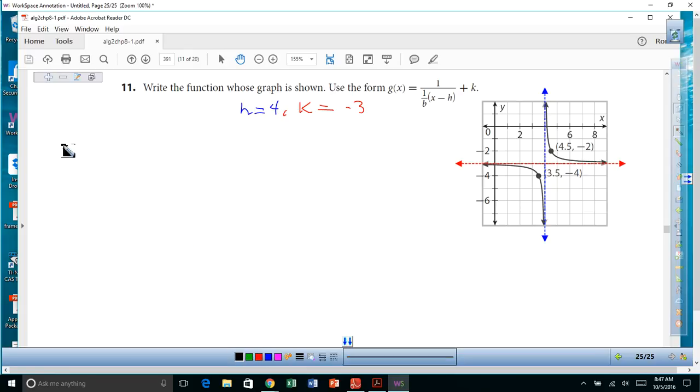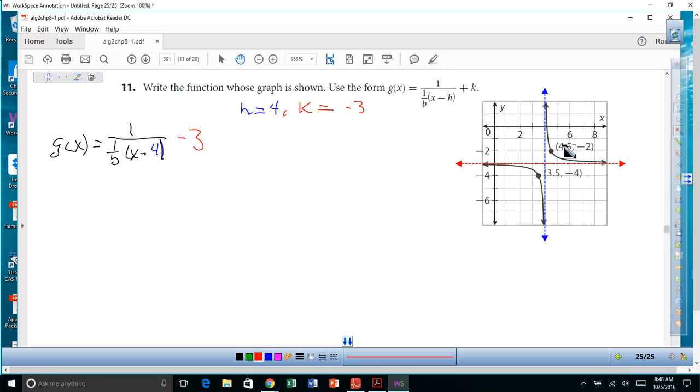So we got g of x equals 1 over b, and then x minus 4, and then minus 3. Okay.